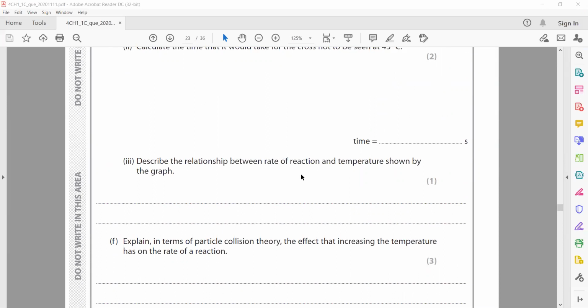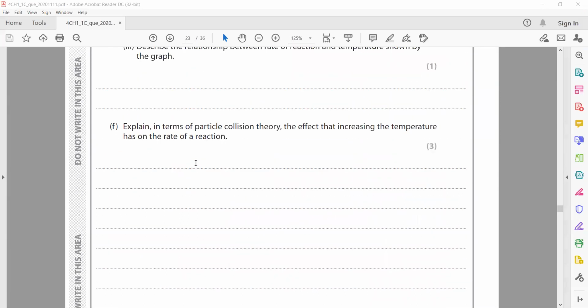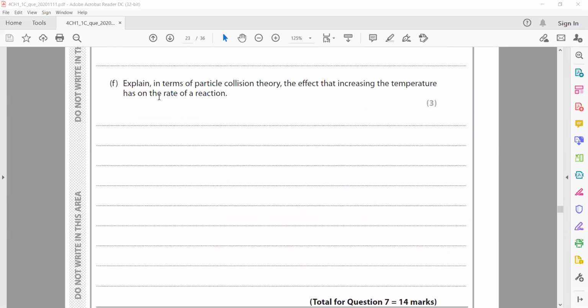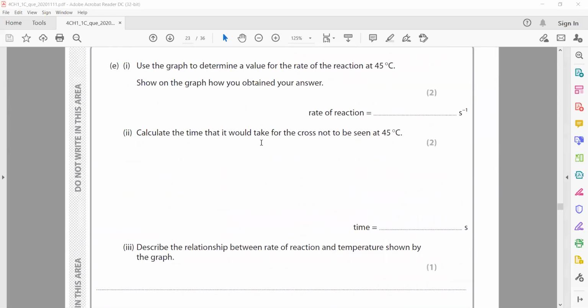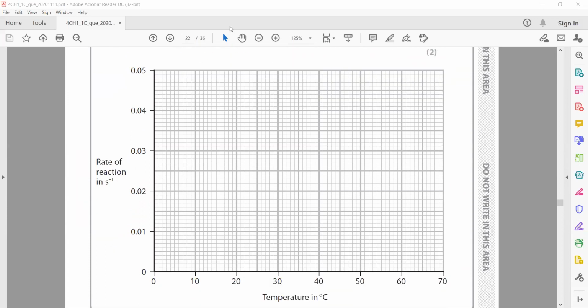Describe a relation between rate of reaction and temperature shown by the graph. Obviously it will be directly proportional. And explain the term curve of best fit line, what they mean. When you draw a curve of best fit line, as you can see the rate of the reaction and temperature, it will be like this.